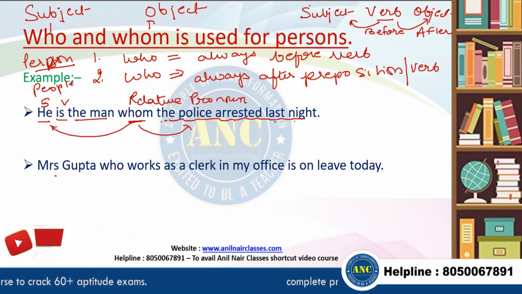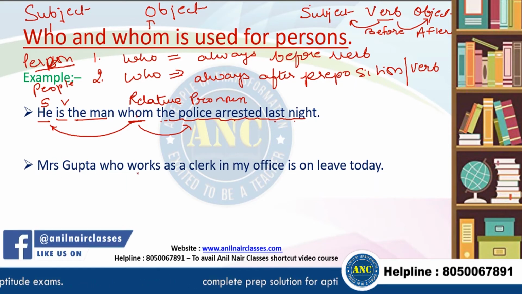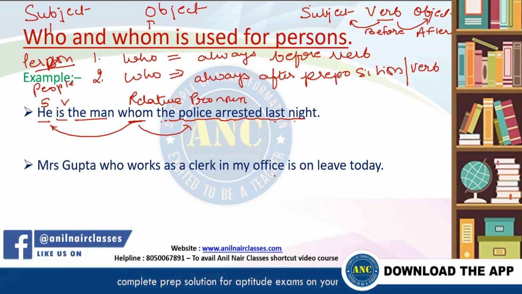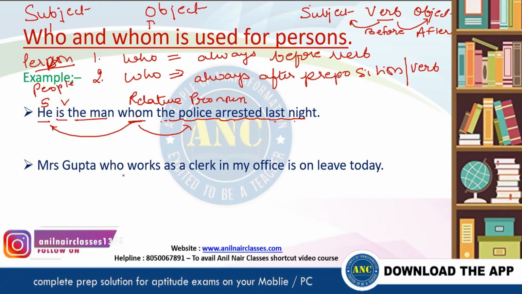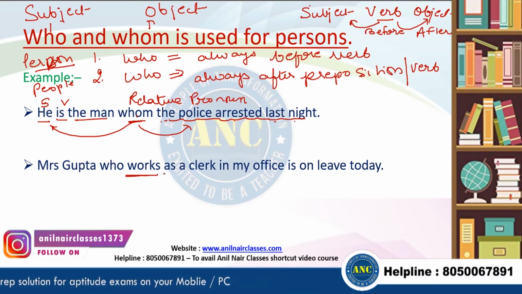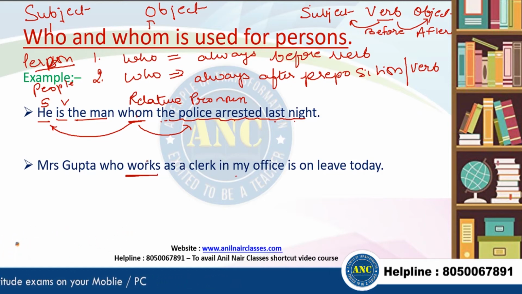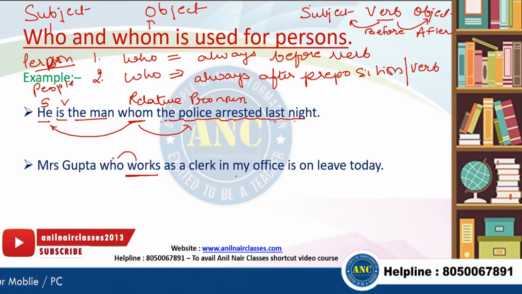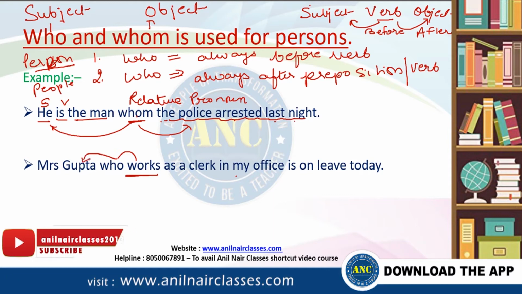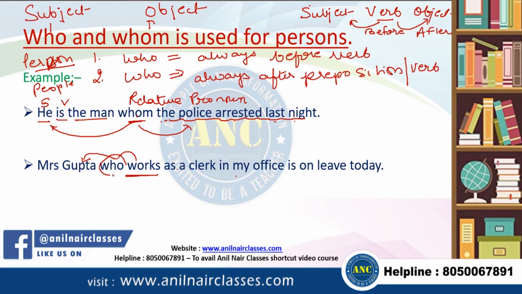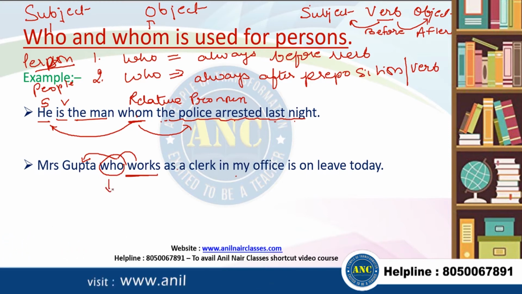Next sentence. Mrs. Gupta, who works as a clerk in my office, is on leave. So now here, who works as a clerk, who is showing the connectivity between Mrs. Gupta and working, right? So here who is used as a relative pronoun.